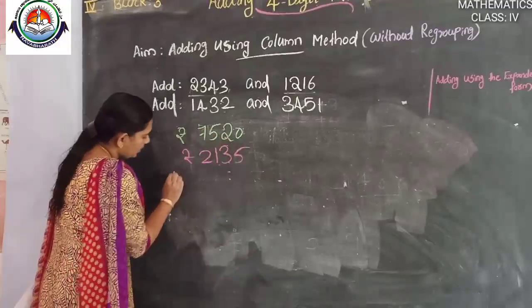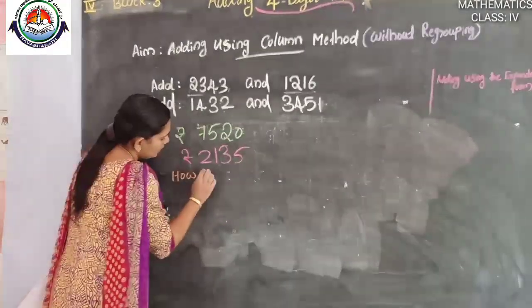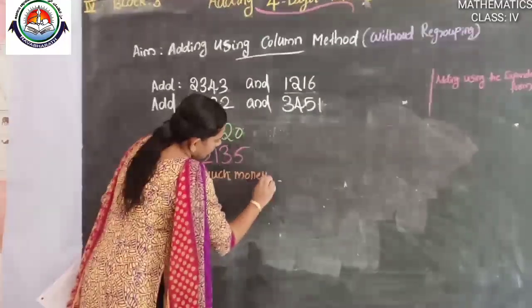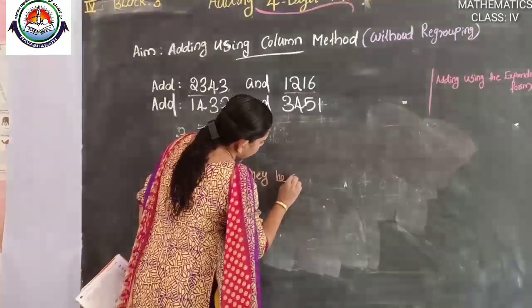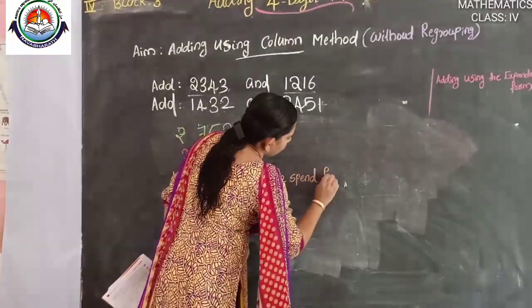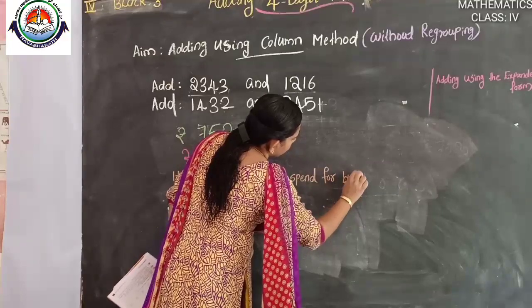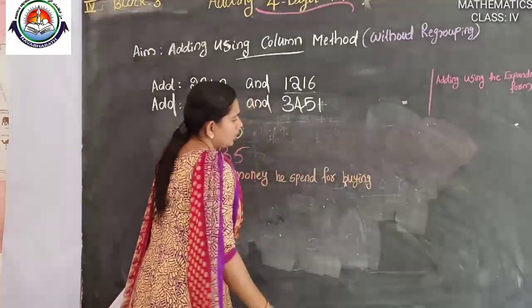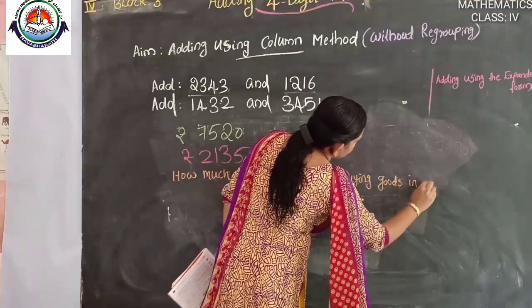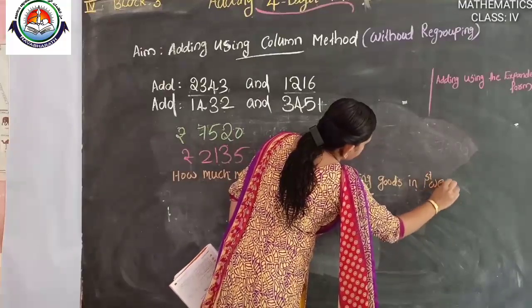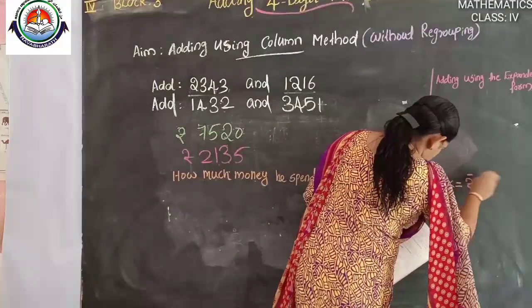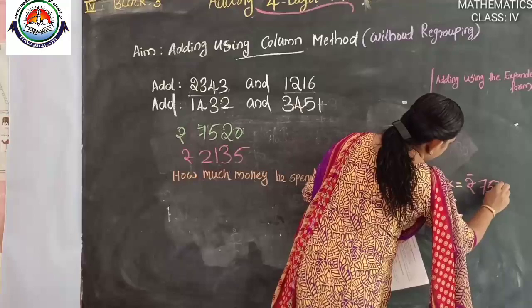First step, how much money he spent for buying goods in first week. How much money he spent? Rupees 7,520.